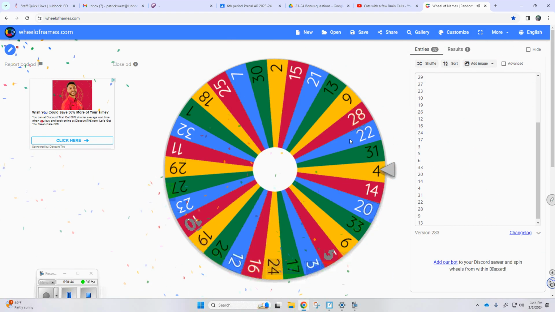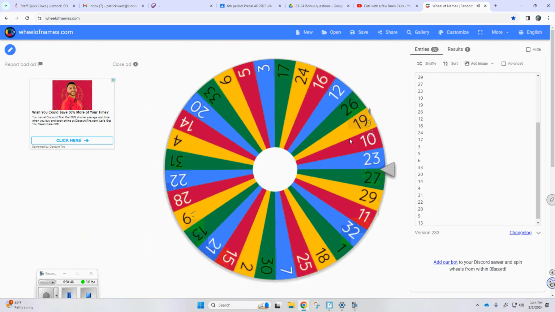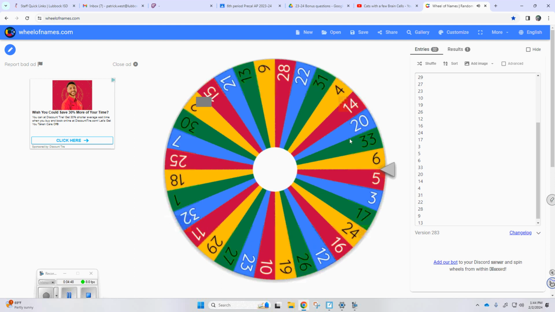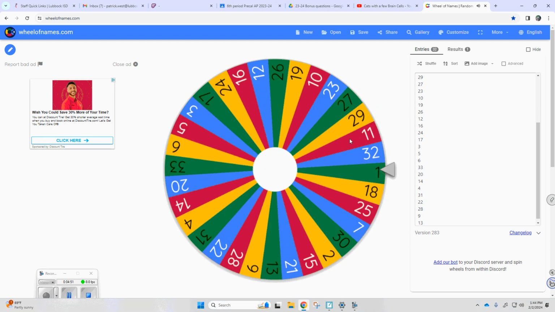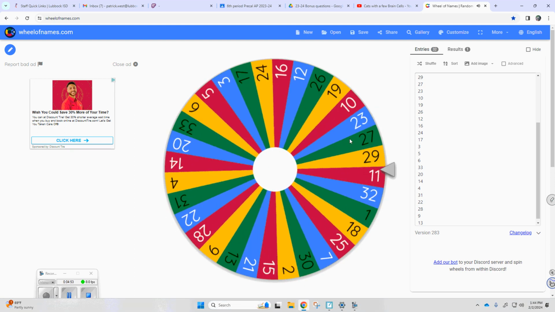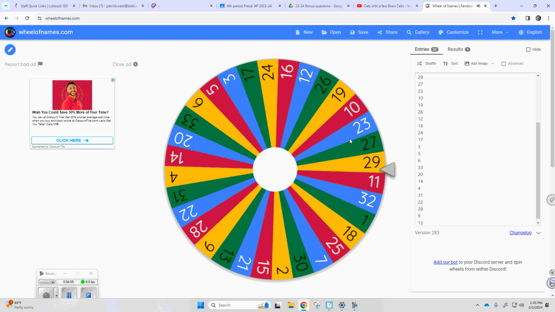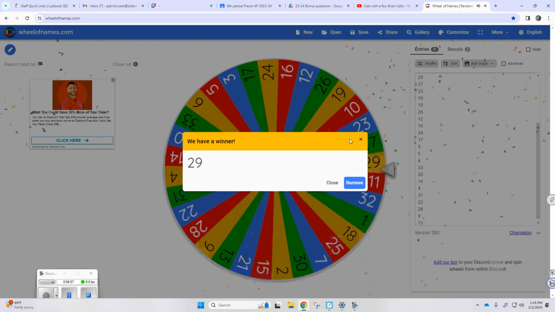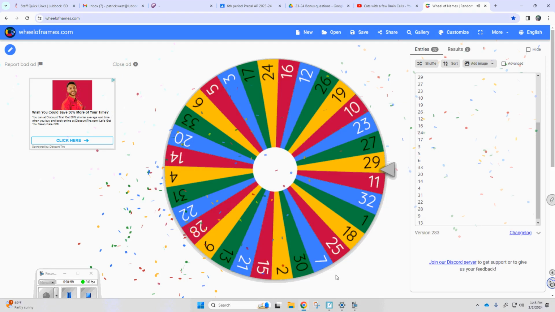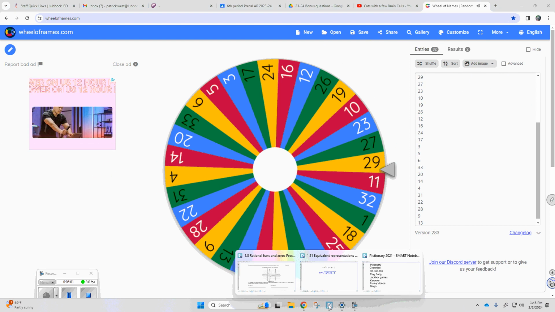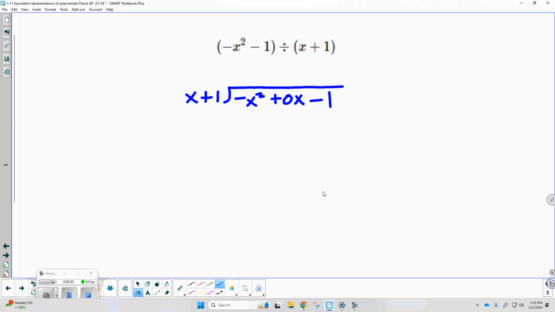So that means we get to spin again. Everybody is hoping to see their number, but only one can come up. Oh, 29. Brian! Brian never fails. Look at the smile on Brian's face. He is so excited to come on up and show us this. Can hardly contain himself.